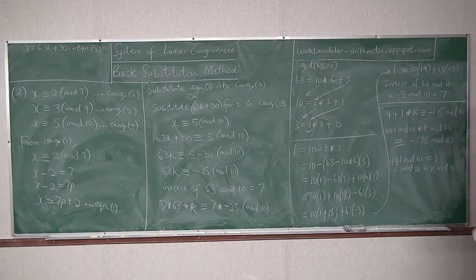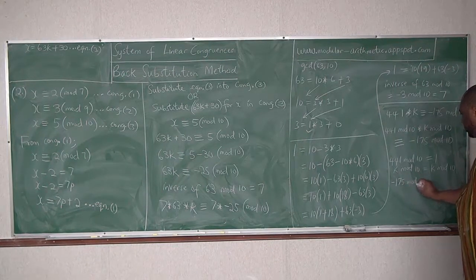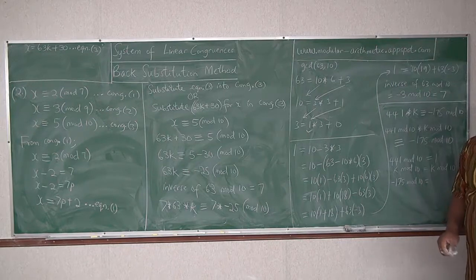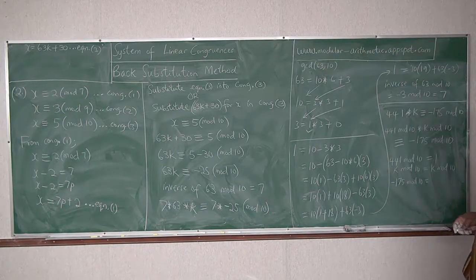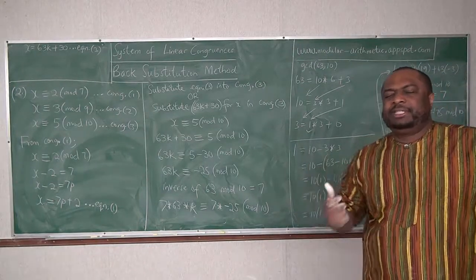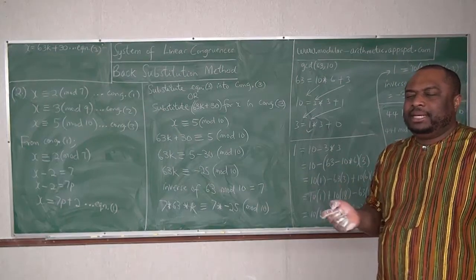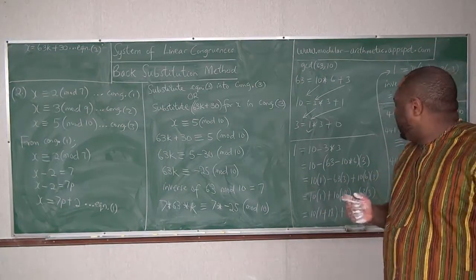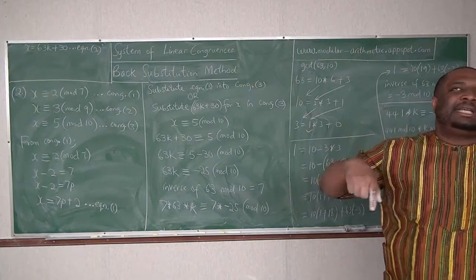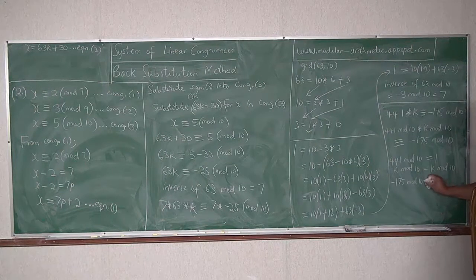And then negative 175 mod 10. Actually, you see, I'm not using the calculator. Okay, negative 175 mod 10. Remember our division rules. 175 divided by 10 is 17, which gives us negative 17, remainder negative 5.